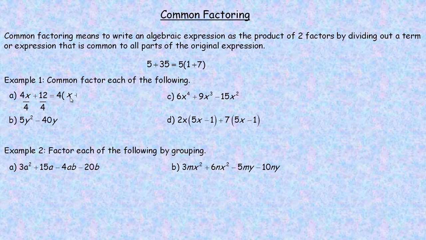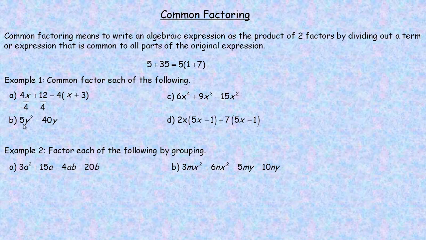And of course that would be just a 1x. 12 divided by 4 would be a 3, so in the end here we'll have a 3. Now you can always check any common factor, actually, or any factoring, by expanding out your factored form, and you should get the original form. So for example, 4 times x is 4x, plus 4 times 3 would be a 12. So that does check out to equal the original 4x plus 12 expression.